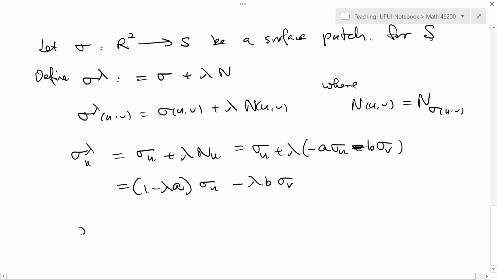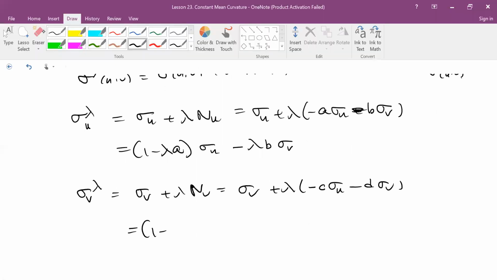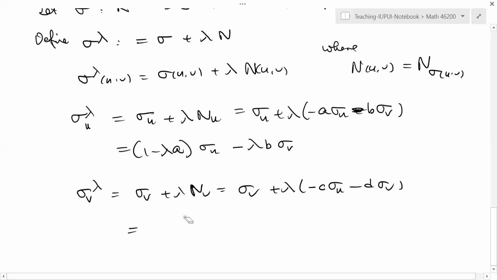Then sigma v lambda: n v is negative C sigma u, negative D sigma v. Similarly, I can express it as negative lambda C sigma u plus 1 minus lambda D sigma v.